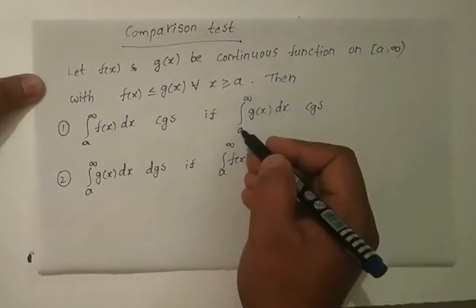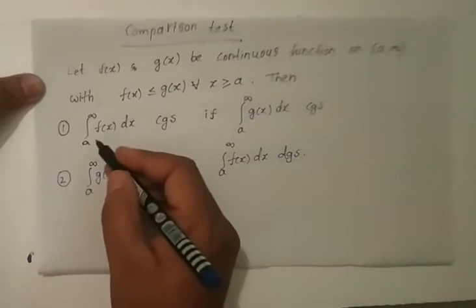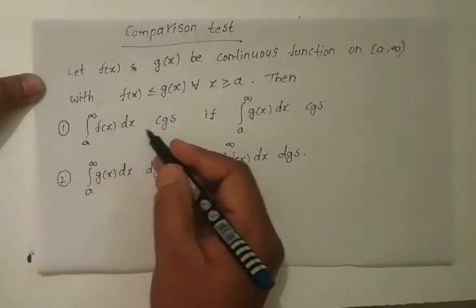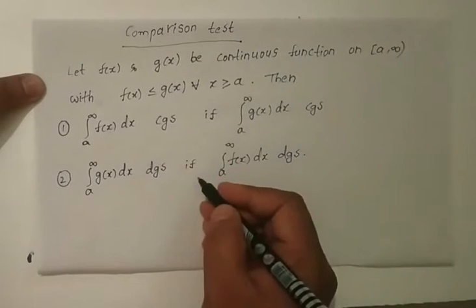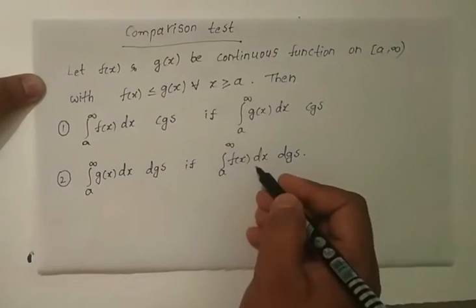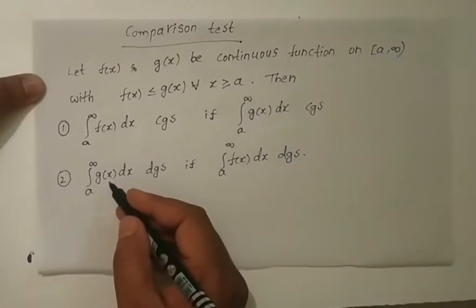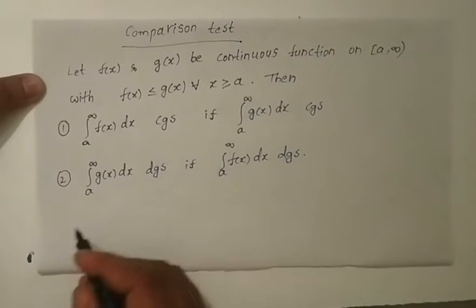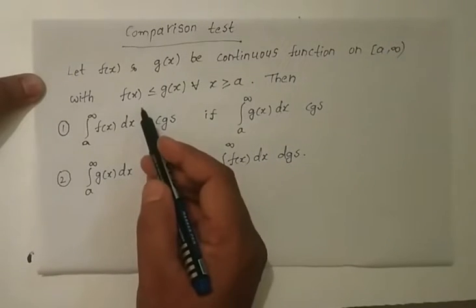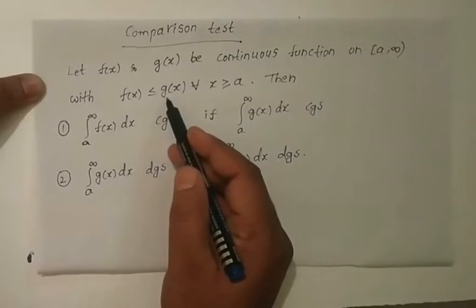If the integral from a to infinity g of x dx converges, then the integral from a to infinity f of x dx also converges. Similarly, if the integral from a to infinity f of x dx diverges, then the integral from a to infinity g of x dx diverges. So here you can see, students, f of x is less than or equal to g of x.